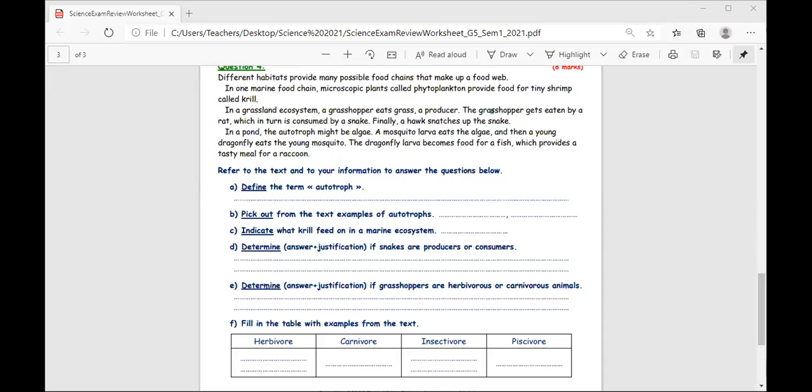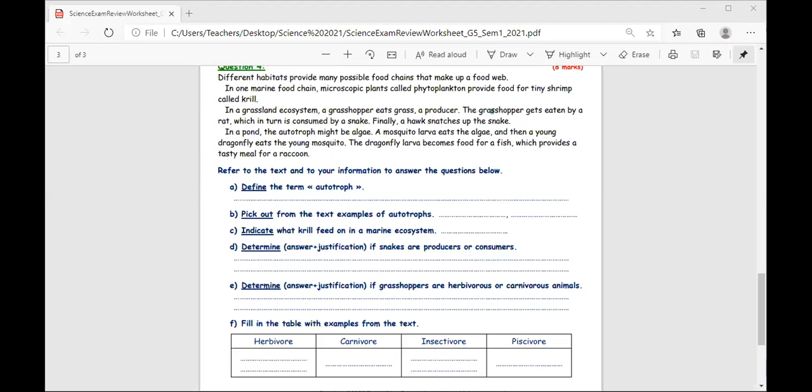eaten by the grasshopper. Then a rat eats the grasshopper. The rat is eaten by a snake. The snake is eaten by a hawk. In water also, the plant is the algae.